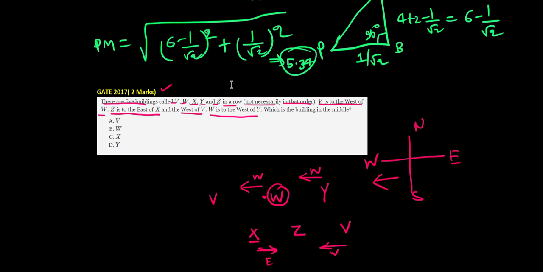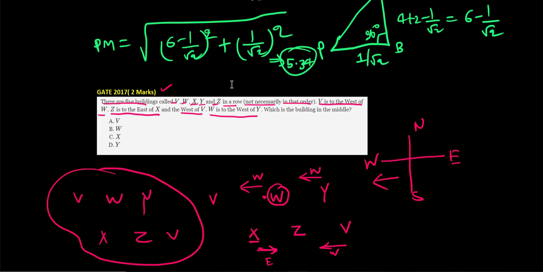So in this manner, let me write V, W and Y, and we found X, Z and V. So these are the 2 pictures we have drawn. Now you can see the W and Y are after the V, so you can write W and Y here, after X, Z, V, W and Y you can write it here.